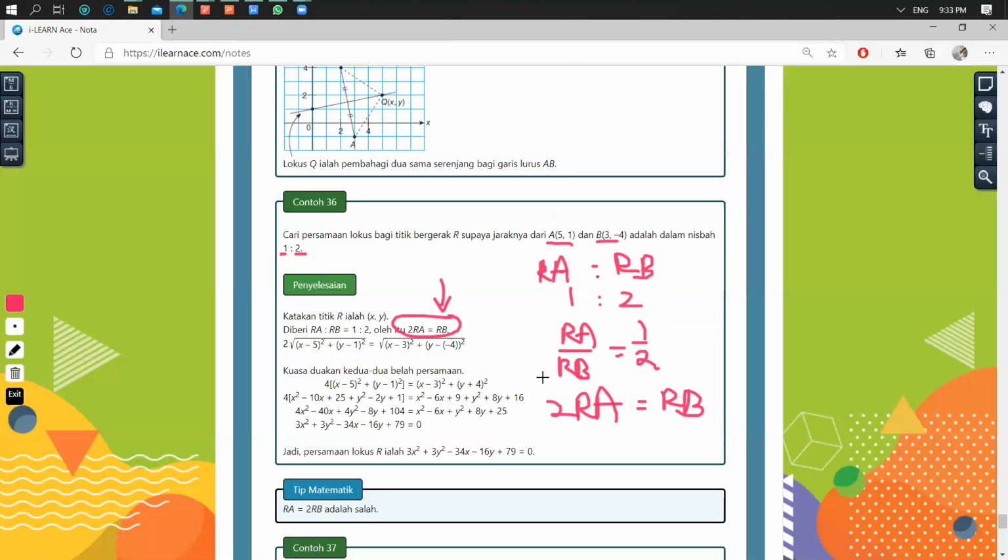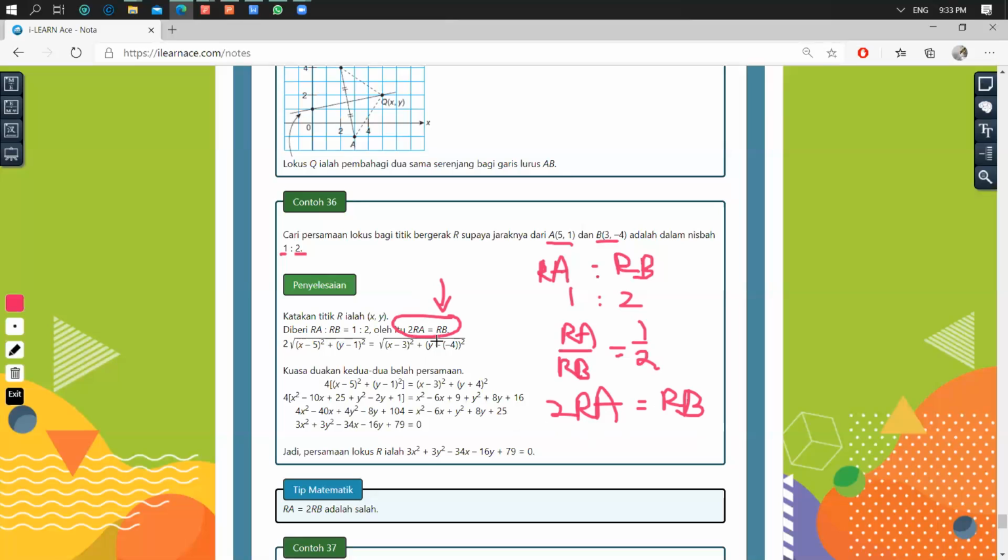All right, so after you got this, then we're going to do the same thing. We're just going to put in the distance formula for this one and distance formula for this one. Okay, so I'll continue with this. So after you got 2RA equals to RB, then just write down 2RA, distance of RA is square root of x minus... I forgot again. You need to let R be (x, y) before this, otherwise we cannot put it into the formula, okay?